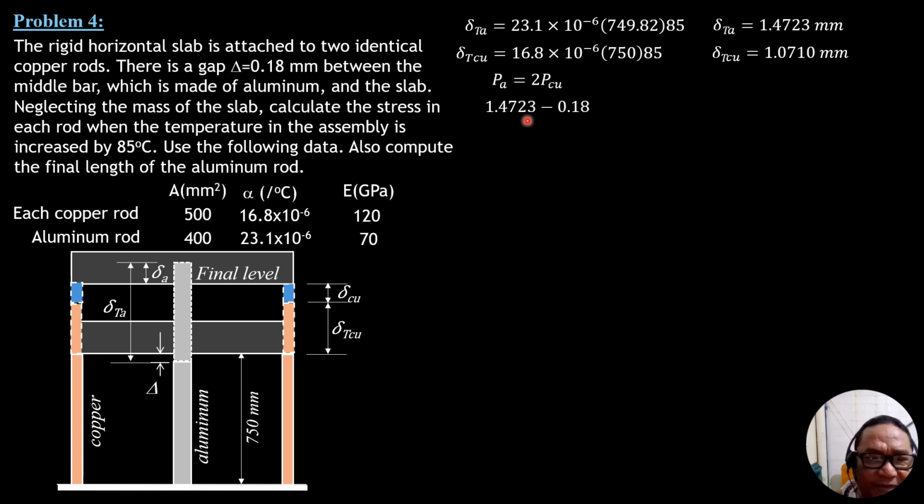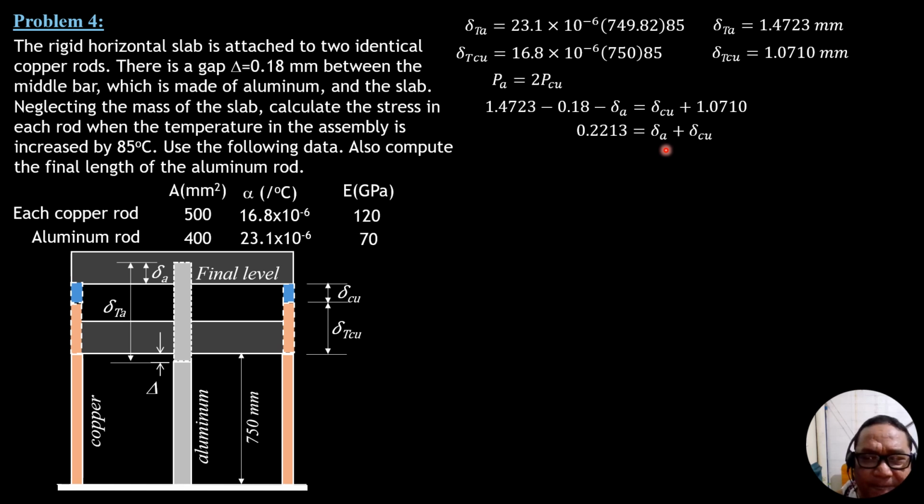So 1.4723 minus delta A equals this deformation here, delta Cu plus delta TCu, which is 1.071. So simplifying, 0.2213 equals delta A plus delta Cu.